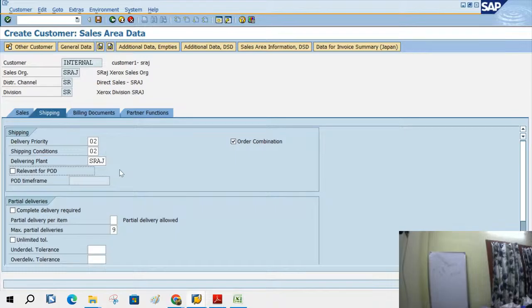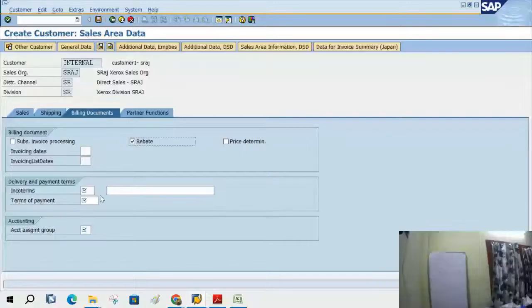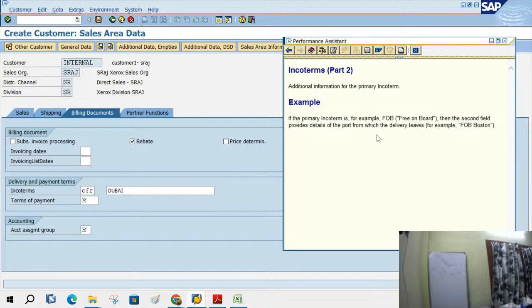SRAJ. How will I know your structure? SR. And then partial rebate, CFR, Dubai. So why am I writing the second column, what is it?